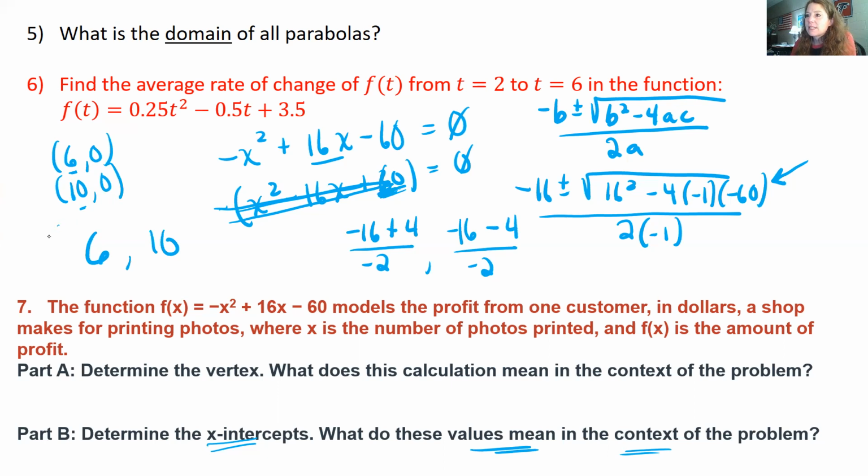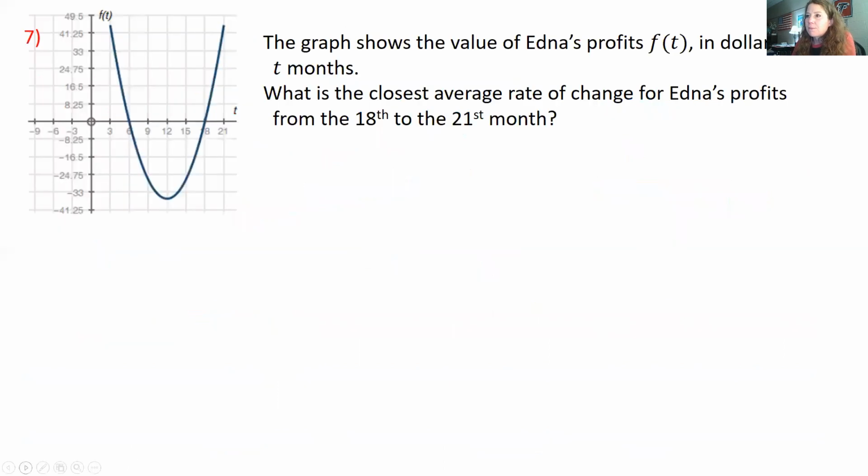So actually, if customers print less than 6 or more than 10, they are making negative profit. They're actually losing money. That's what that means. But anyway, so we answered letter B. All right, you guys hanging in there? We'll do number 7 and then I'll take a little break and then I'll make another video.